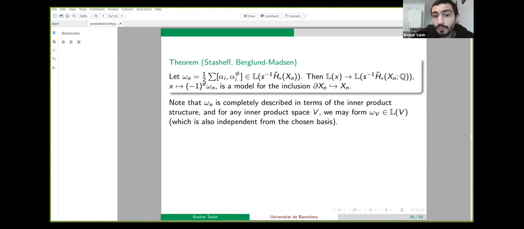And for any inner product space V, we may form a canonical element omega V in LV. And this is also independent of the chosen basis. So this thing is independent of how we choose alpha i.